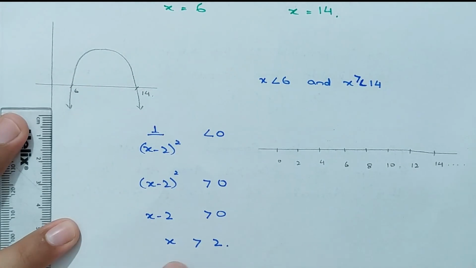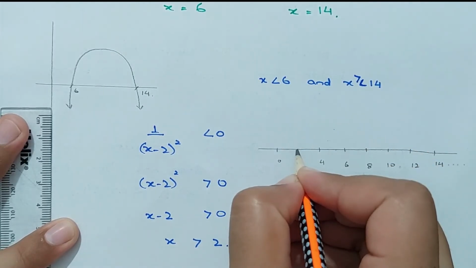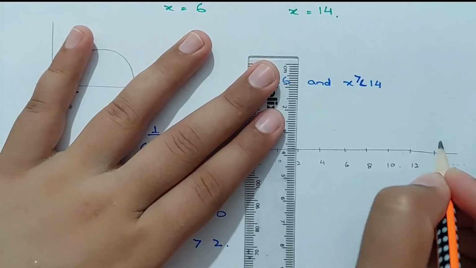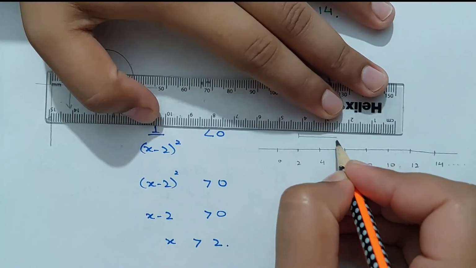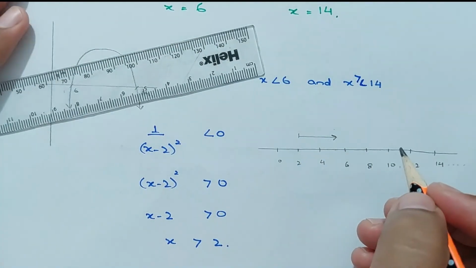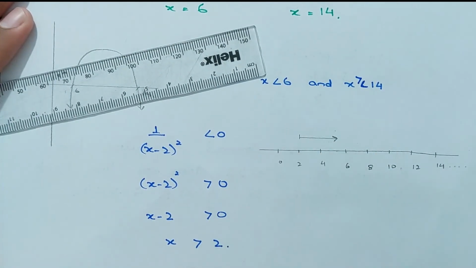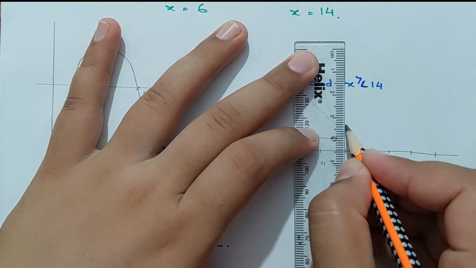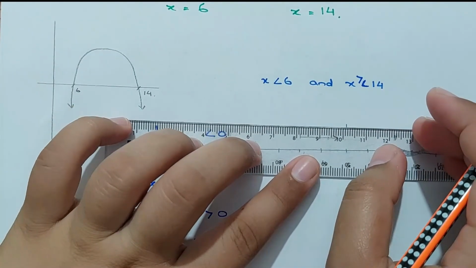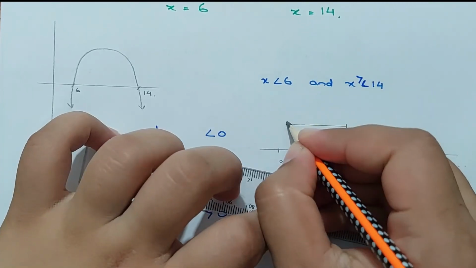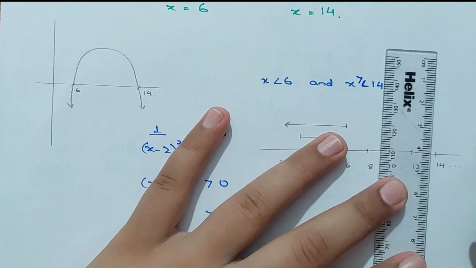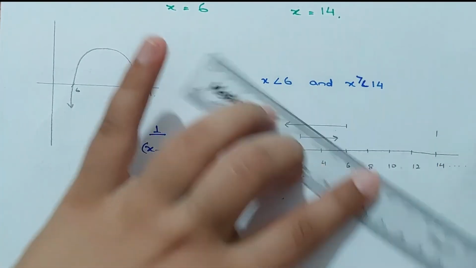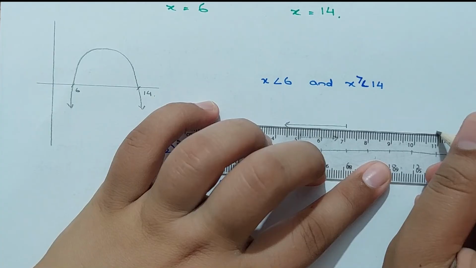First, x is greater than 2, the values that are more than 2, from this point onward. Now x is less than 6: here we have 6, and the values less than 6 are these. And x is more than 14: here is 14, and greater than 14 are these values.